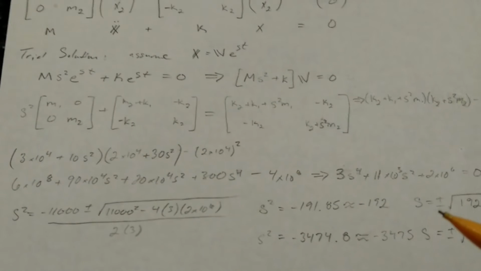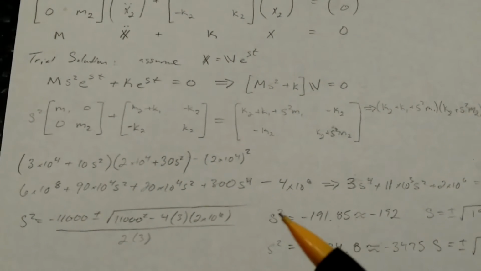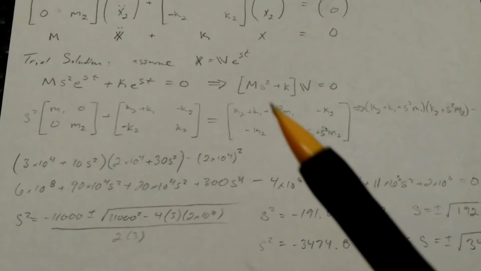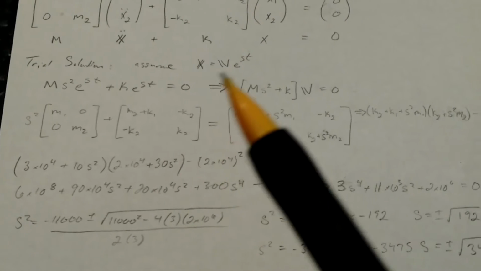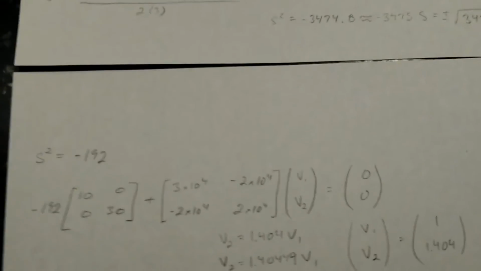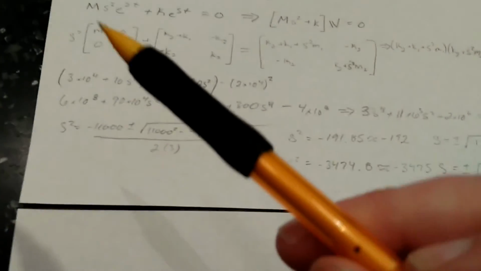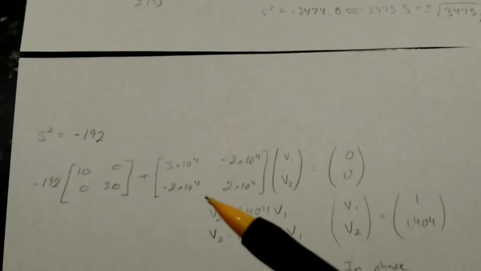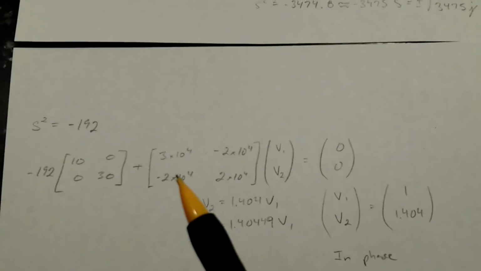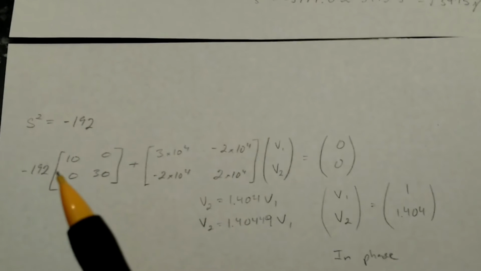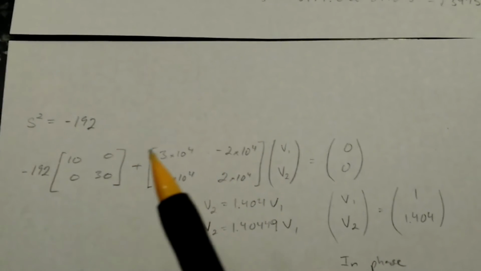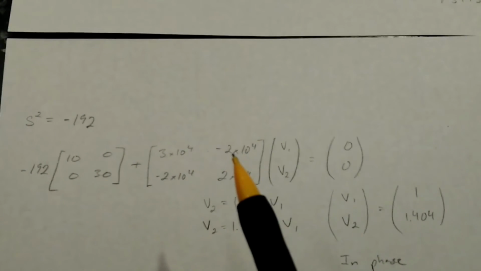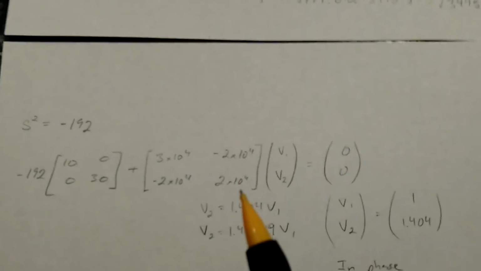Well, now that we have that s, or rather the s squared, and all this given information, we can now solve for our initial x. And so as we plug it back into the equation that we defined up here with the numbers, you can see that we get this layout, and multiplying through the 192 to here, and then adding the V1 and the V2.